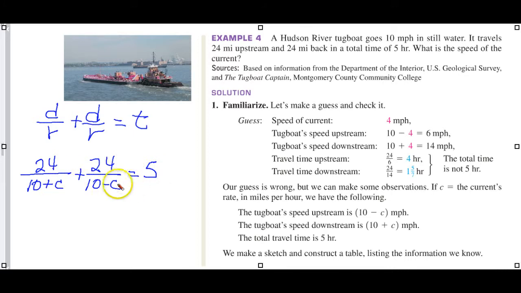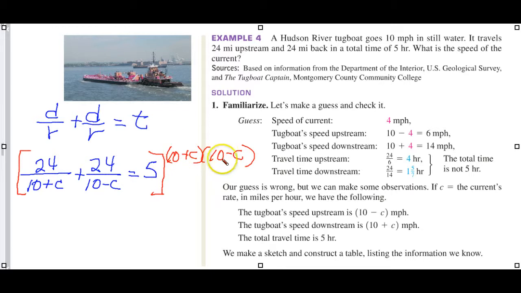So there's your basic equation, and you're going to multiply everything by 10 plus C, 10 minus C.